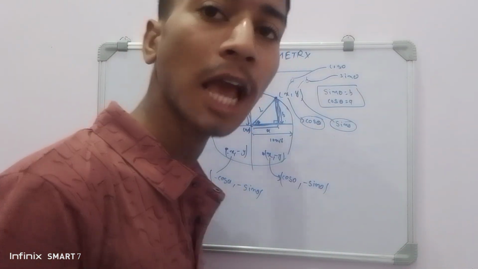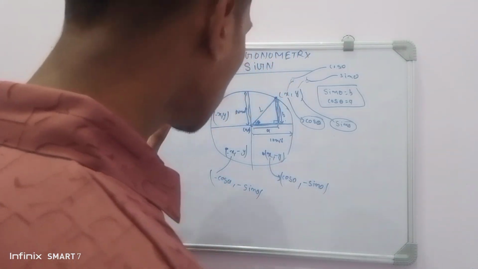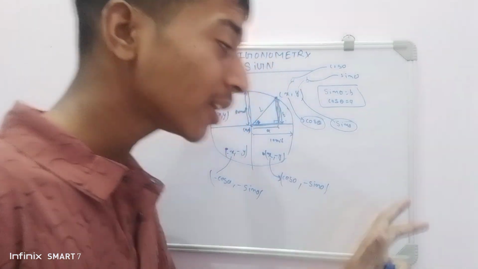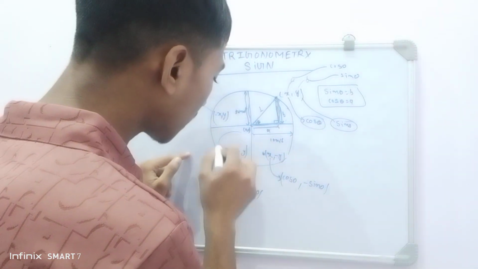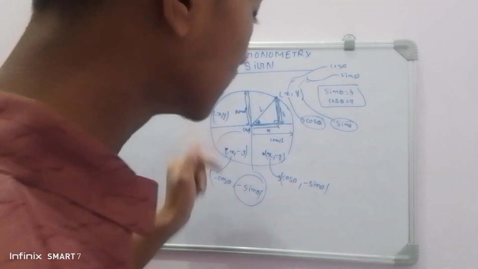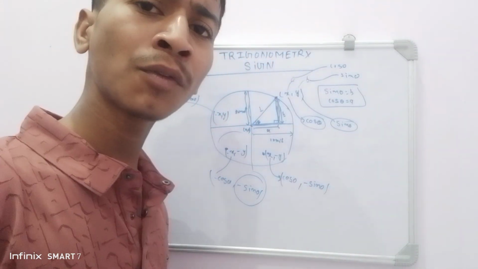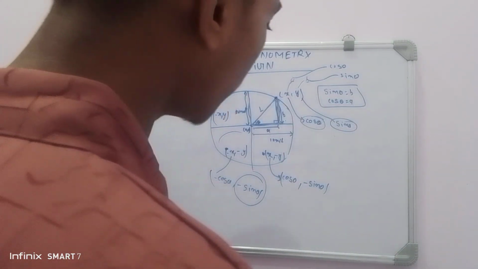At the same time, if I ask you the value of sin theta in the third quadrant, your answer is that it is negative. But if I ask you to find the value of tan theta in the third quadrant, how will you find it?